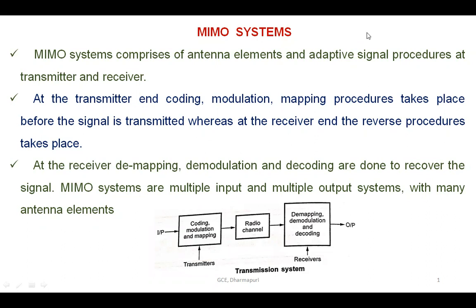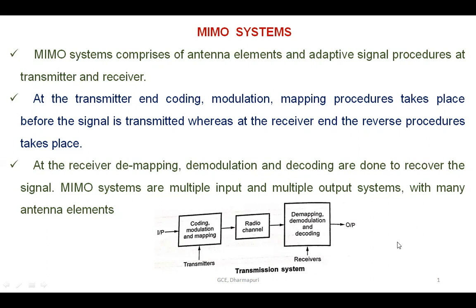At the transmitter, encoding, modulation, and mapping take place before the signal is transmitted, whereas at the receiver end, the reverse process takes place. At the receiver, demapping, demodulation, and decoding are done to recover the signal. MIMO systems are multiple input, multiple output systems with many antennas.